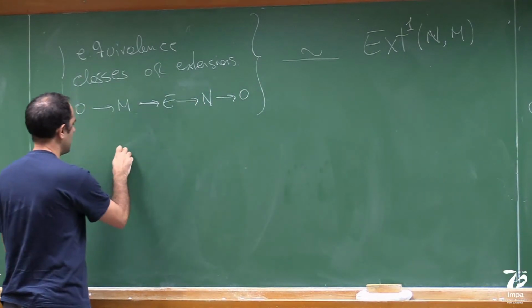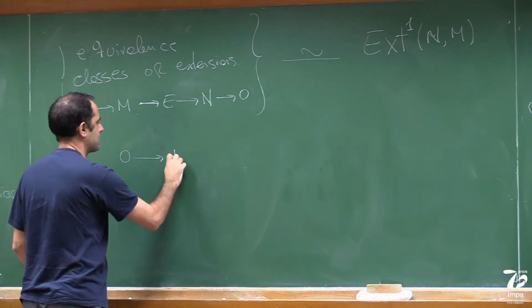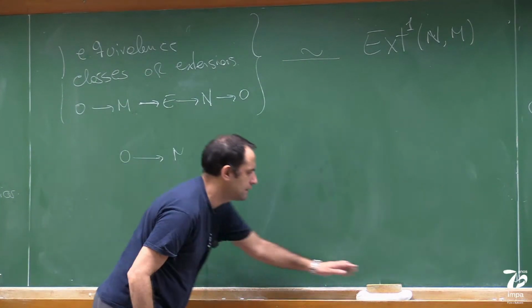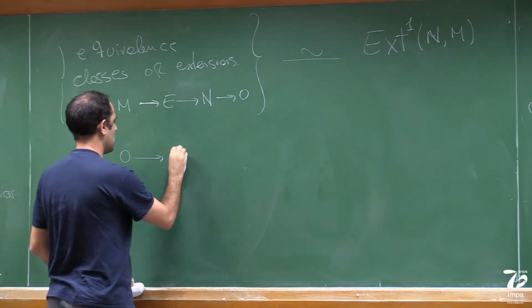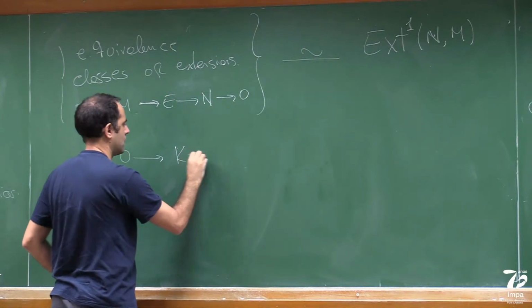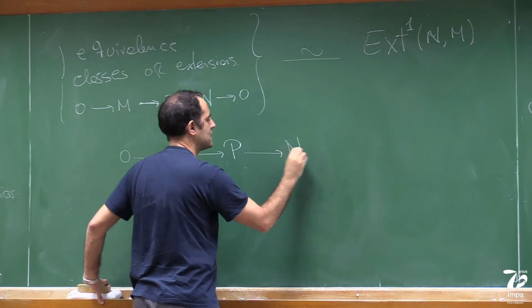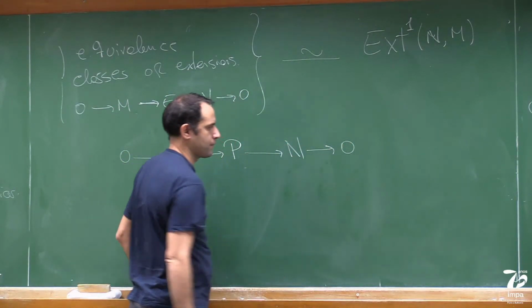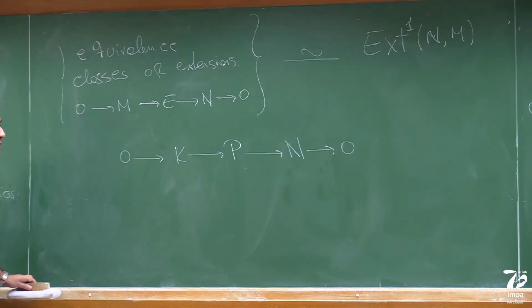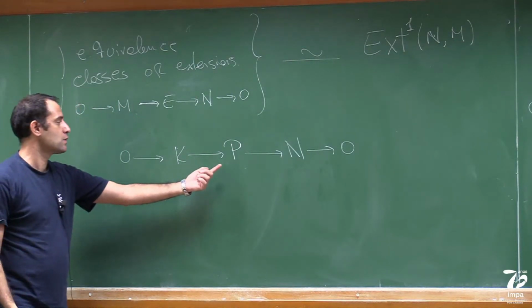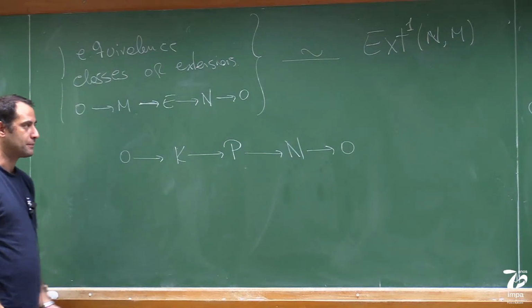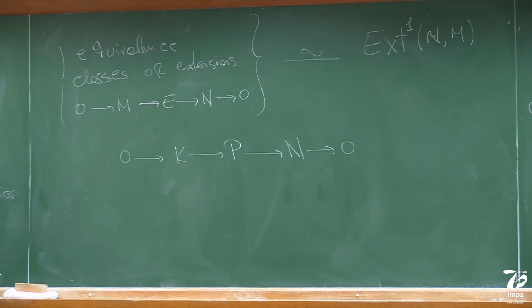So let's call the kernel K, inside of a projective that surjects onto n. This you can always do. Just pick any projective that surjects onto n and look at the kernel of that map. So that's an exact sequence like this.